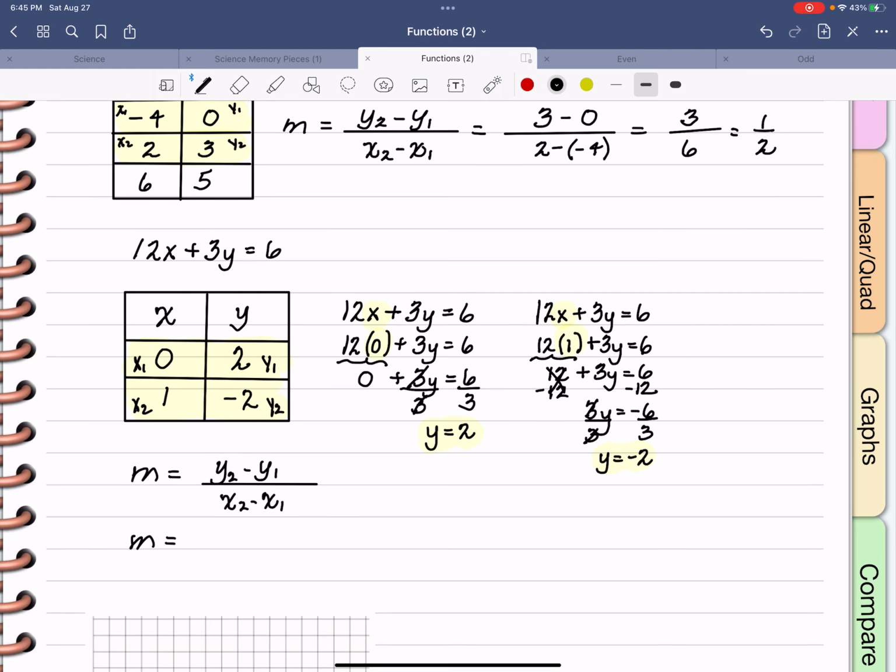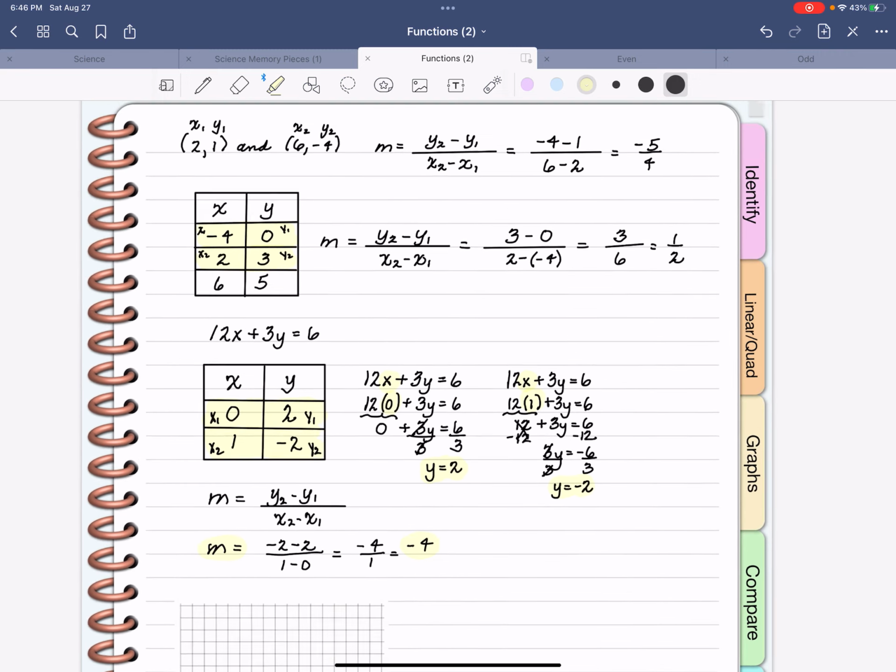Substitute the values in. y2, y1, x2, x1, and simplify. So negative 4 over 1, the slope would be negative 4. And that's what they were wanting us to find in the example. So slope is negative 4.